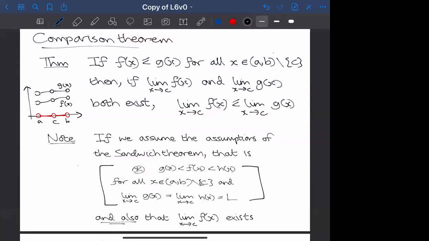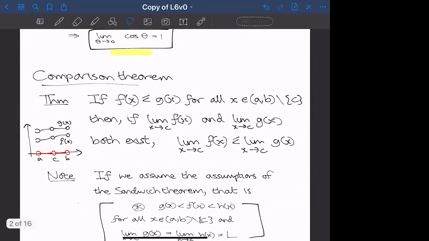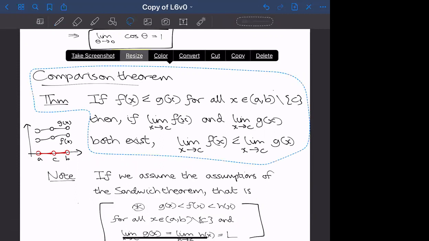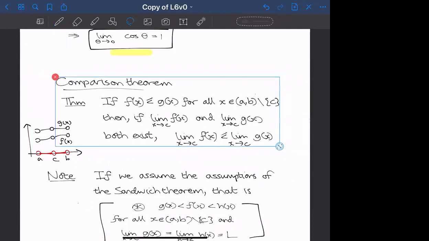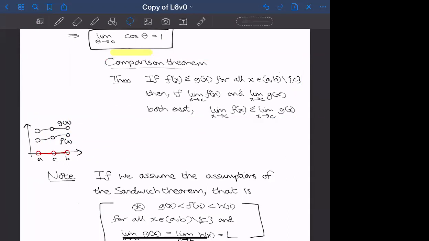So I'm going to draw in another example. Let me make a bit more space. Let me just modify this one.